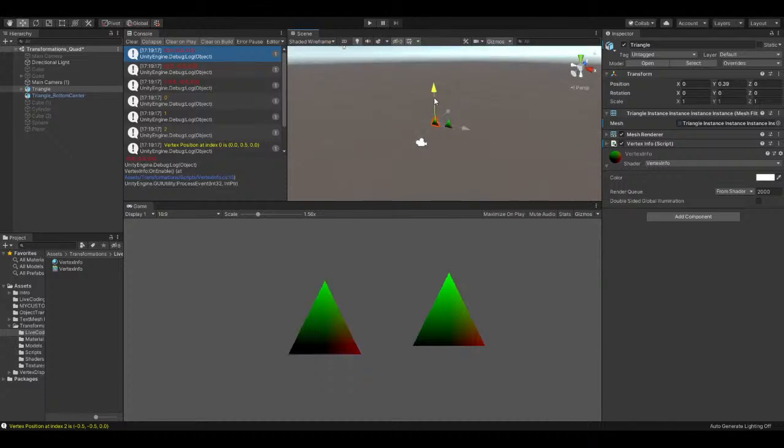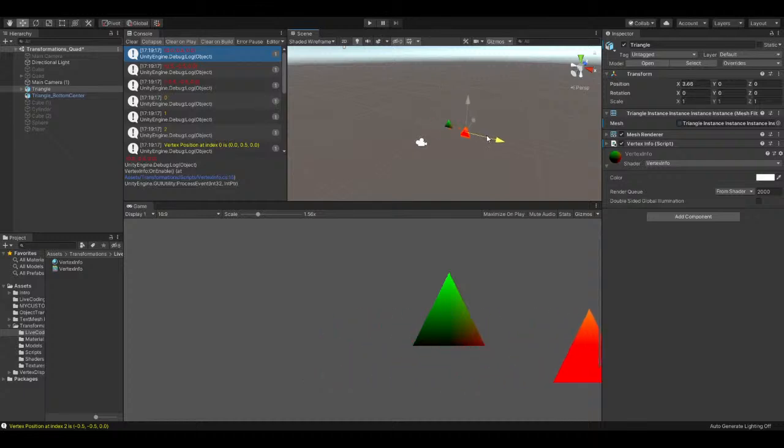If you see right here, the moment I take this high up in the y-axis, all the vertices get colored green. So you notice I'm coloring this object in the fragment shader based on the world space position of this.